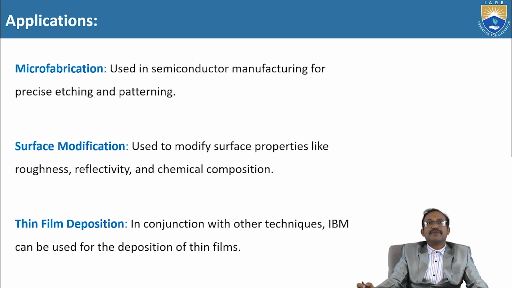Next, thin film deposition. In conjunction with other techniques, IBM can be used for the deposition of thin films. So the greatest one from the IBM is that we can deposit very thin films.